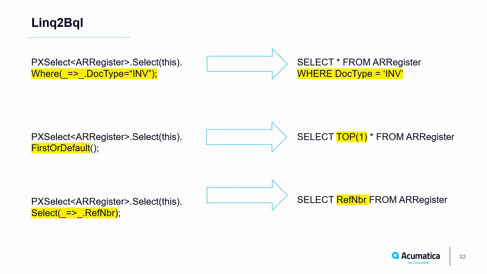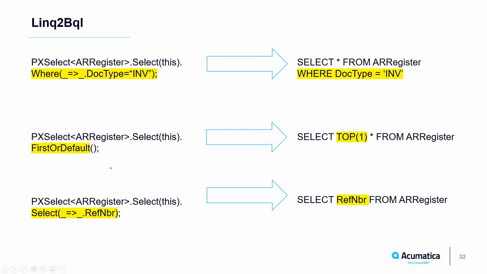We do not want to filter the data later after retrieving it. So we want to filter it right where we take it from. For instance, another example here is if you add FirstOrDefault to your select, again, Acumatica will recognize that. It will add TOP 1 to your select, and it will return the one record. It will not even try to select more.